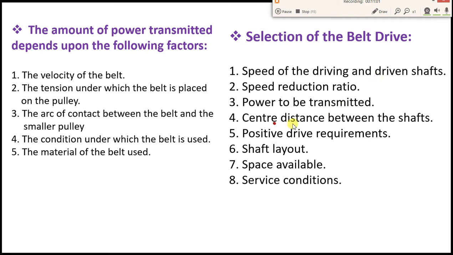Then center distance between two shafts, and positive drive requirement, whether your drive is positive or non-positive, whether slip takes place or not. So these points are considered in selecting the belt drive.